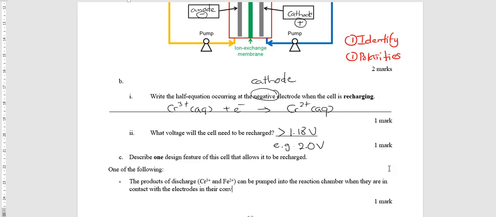So it's not so much that the products of discharge are always remaining in contact with the electrodes. They are not solid, and they don't get stuck on the electrodes, but they can be pumped into the reaction chamber. So I really need to make that distinction.